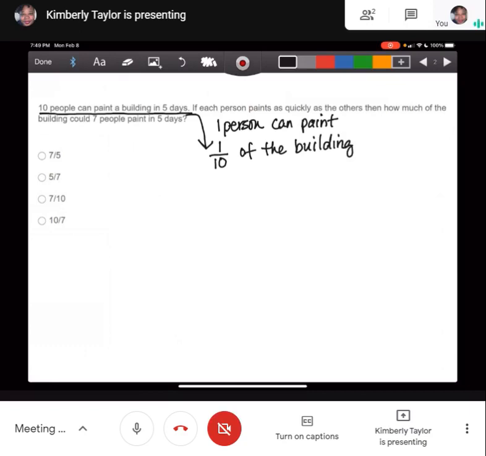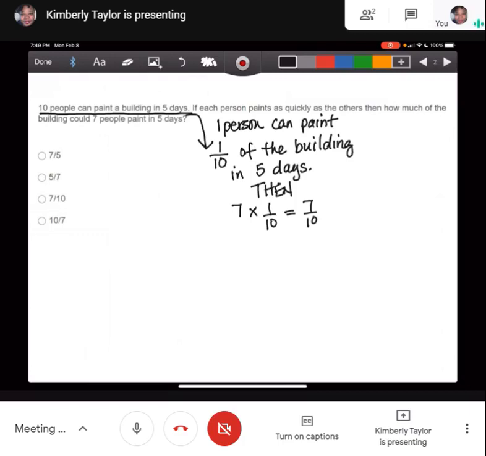So if one person can paint 1/10 of the building in 5 days, and make sure you put that in 5 days, then 7 people times 1/10 equals 7/10. So 7/10.